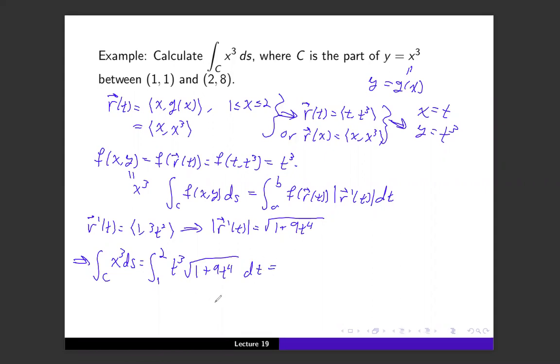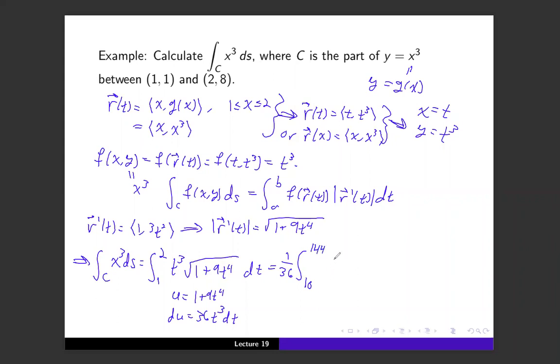Again, this is a u substitution. Let's see if I can get it right this time. u is 1 plus 9t to the 4th. du is therefore going to be 36 t cubed dt. So that's 1 over 36, integral from, after exchanging the bounds, from 10 to 9 times 2 to the 4th, which is 9 times 16. 9 times that is 72, times 2 is 144.